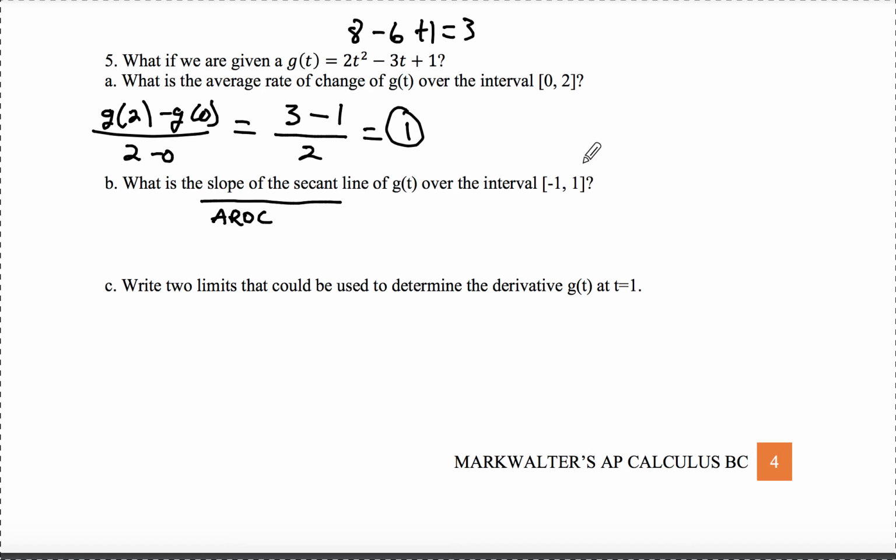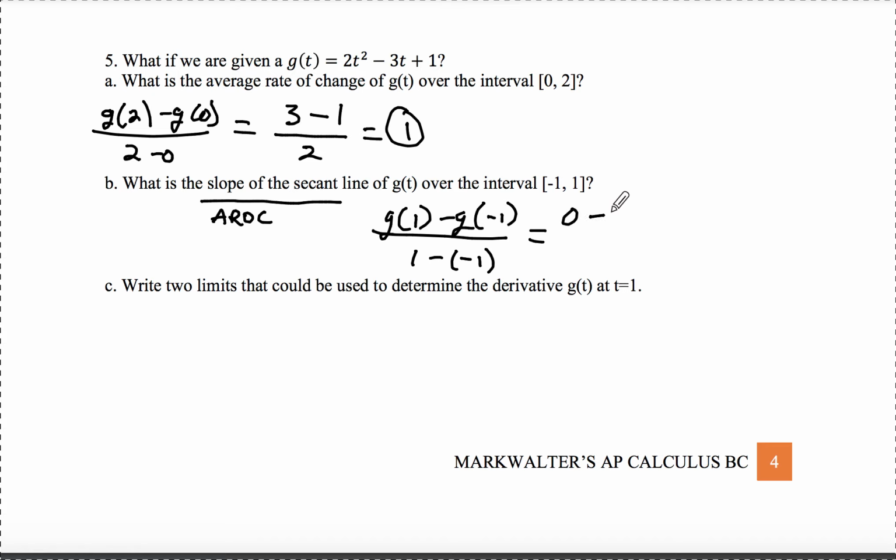So this time we want to find the average rate of change on the interval -1 to 1. So I would need g of 1 minus g of -1 over 1 minus -1. If I go back up there, I need to know what g of 1 is. G of 1, when I plug in 1 up here, is going to be 2 minus 3 plus 1, which will give me 0, minus g of negative 1.